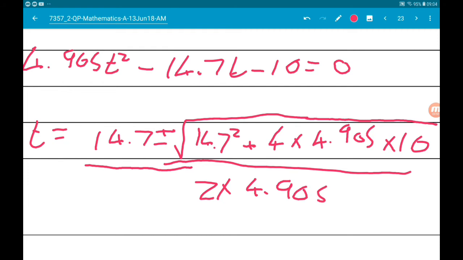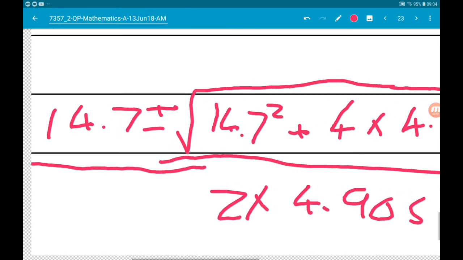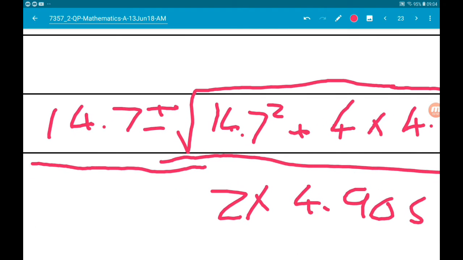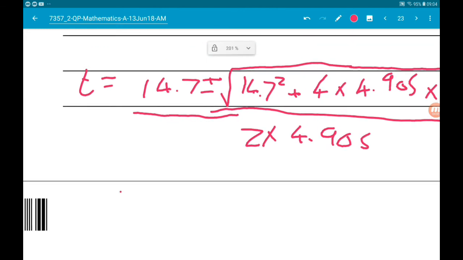Now we only need to worry about the positive square root. The negative would lead us to a negative value of t, which makes no sense. So what you should get from that is that t is 3.57 seconds. Cool.